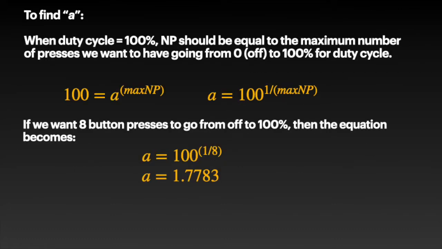To find the A, we need to solve for A in the equation, and we do that by recognizing that when the duty cycle is at 100%, we want to be at the maximum number of presses. So A would then be 100 raised to 1 over the maximum number of presses we want.